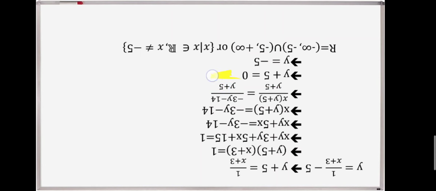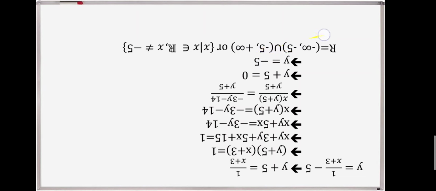Again, as I said earlier, to find the range, we equate the denominator to 0. So y plus 5 is equal to 0. Then solve for y, y is equal to negative 5. This means this is our restricted value. So our range will be any number, or all real numbers except negative 5.